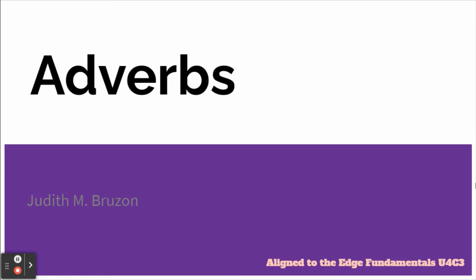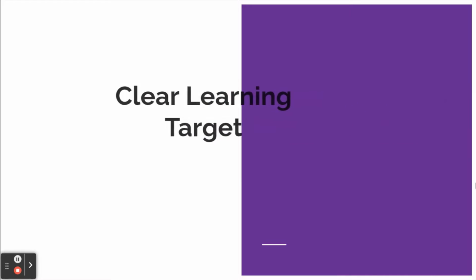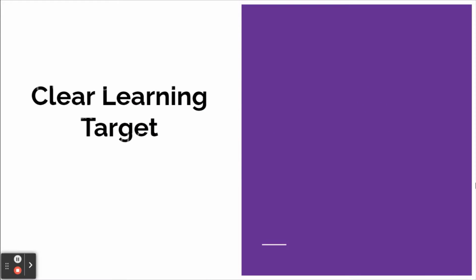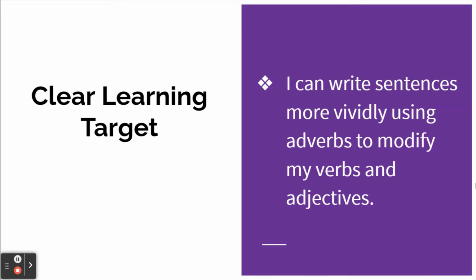Okay, let's read our clear learning target for this lesson. It says, I can write sentences more vividly using adverbs to modify my verbs and adjectives. How about we read it together? I can write sentences more vividly using adverbs to modify my verbs and adjectives.